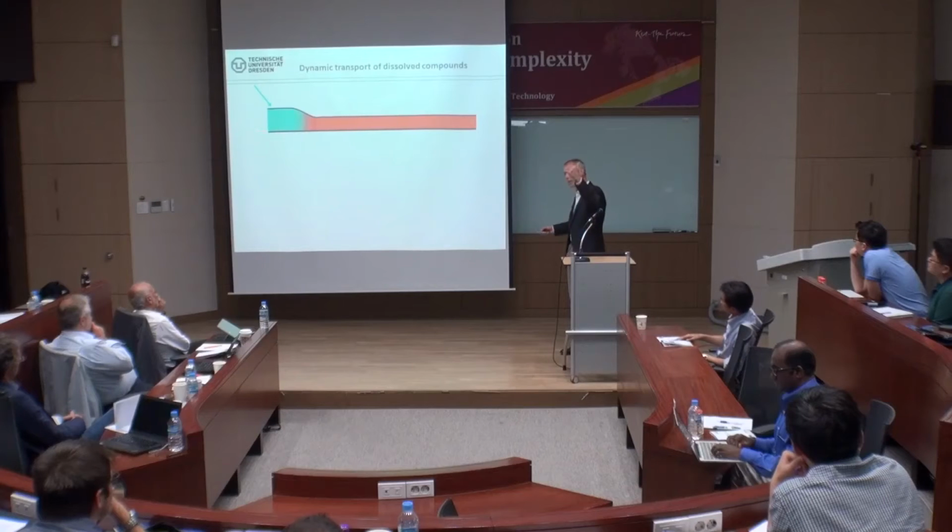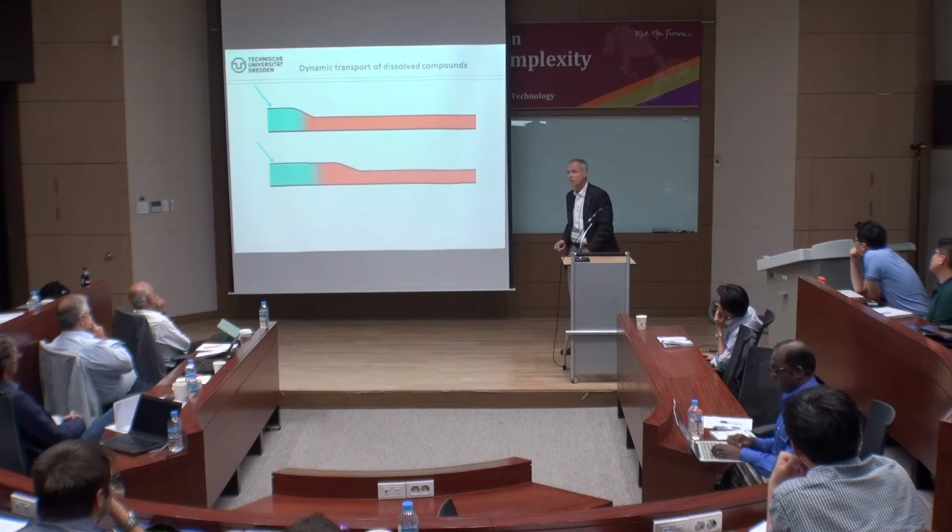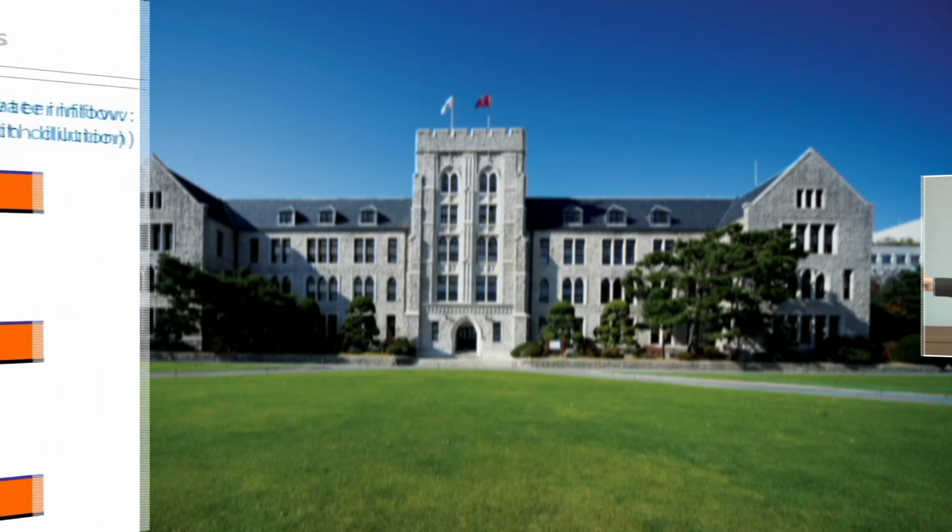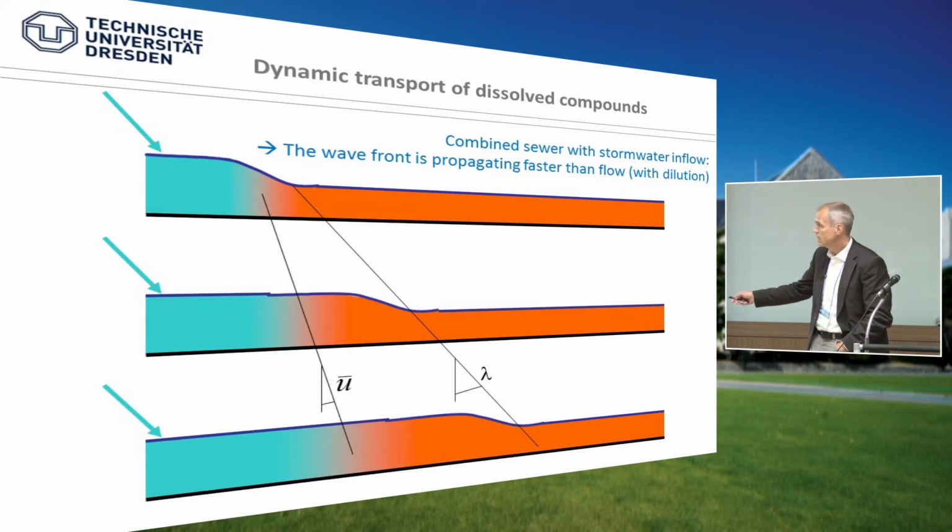So, relatively simplified assumptions. What we see here is the dry weather runoff, so the dry weather sewage, and then we add a lot of stormwater at the upstream end of a pipe, and we look at how it develops downstream. Now, a time step later, the wavefront has propagated faster than the flow.